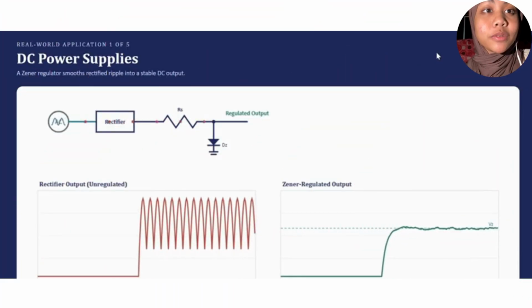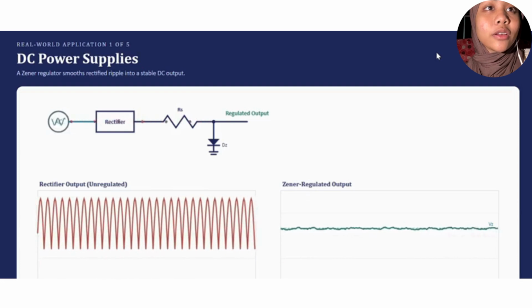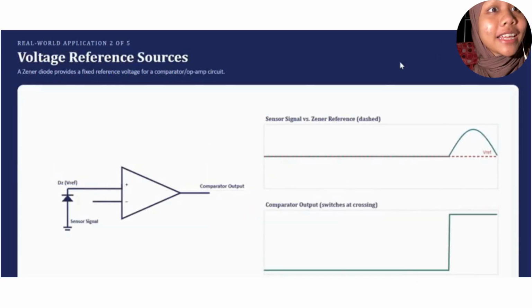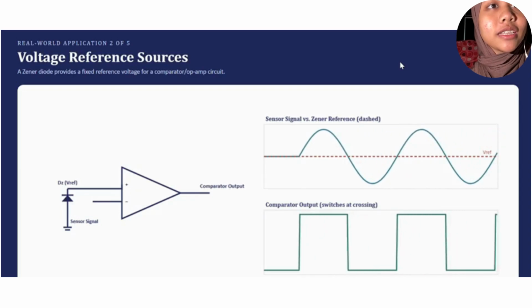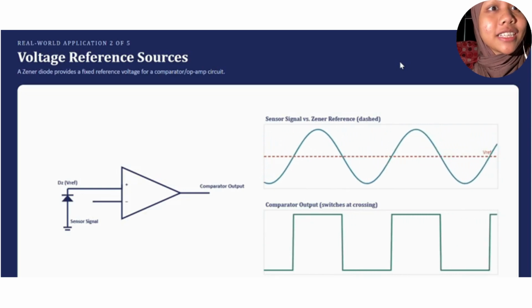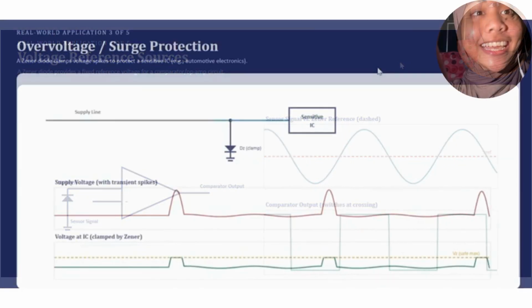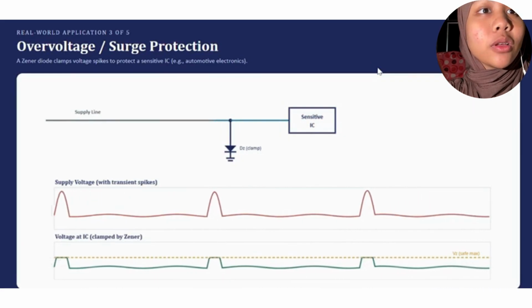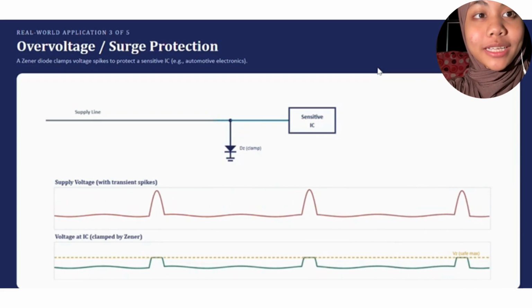So this is the simulation of how the Zener diode functions in a DC power supply. And here is the simulation sample for a voltage reference source. And this is the simulation sample for overvoltage or surge protection.